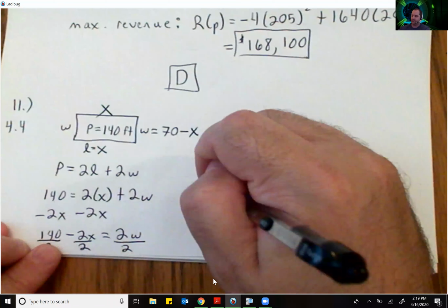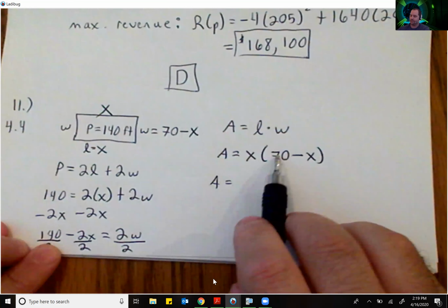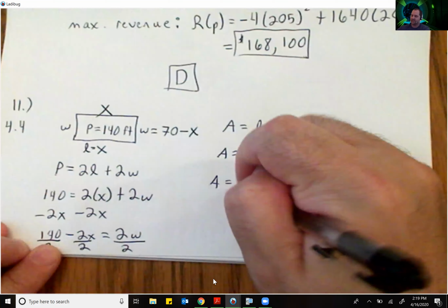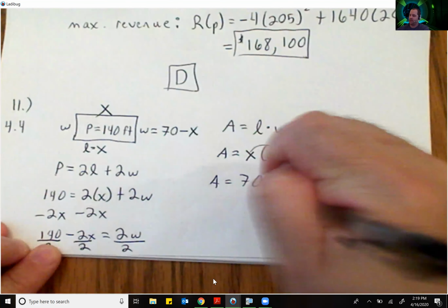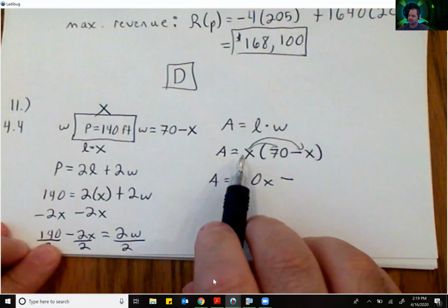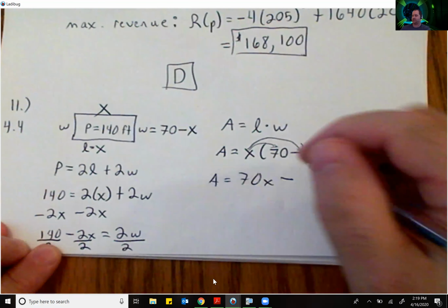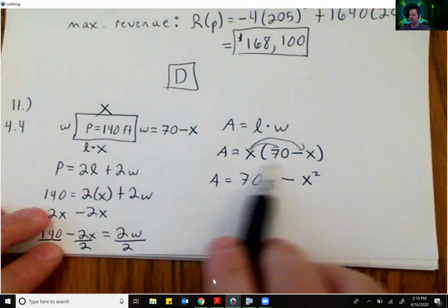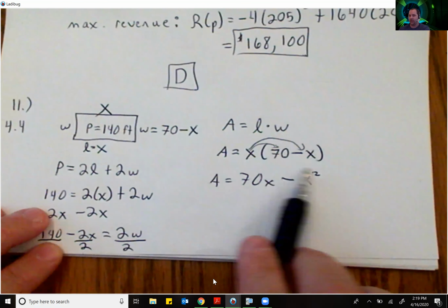So now we need to distribute through. x times 70 is 70x, minus x times x, x squared. Now we can find the max area.